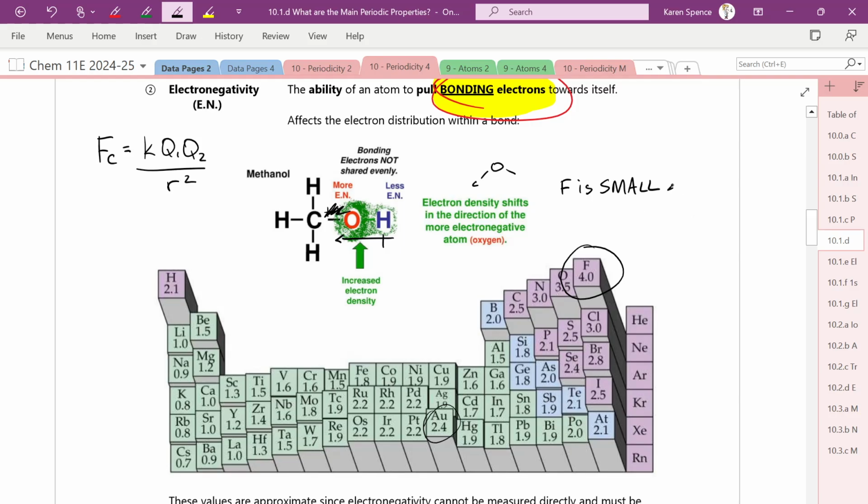F is small, therefore R is small. Therefore, Coulombic attraction is big. That's one factor. But what else can we say about fluorine that affects the Coulombic attraction? That's one thing we can say about fluorine.